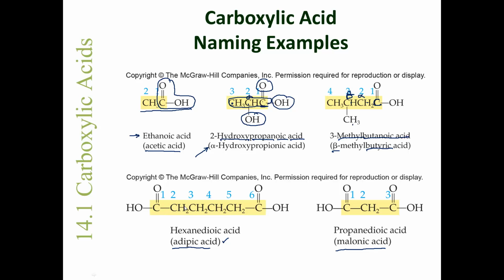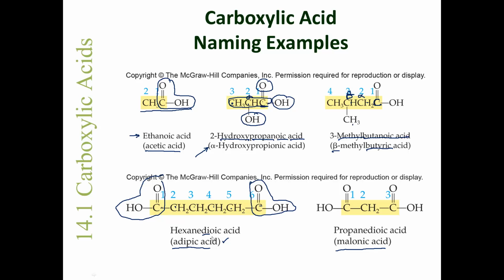But what's going on with this one? Well, look at your longest chain: 1, 2, 3, 4, 5, 6 carbons long. And notice you've got carboxyl groups on both ends of the molecule. I saw this on the exam too. When you have 2 of a functional group, you've got to indicate that with the di, whether it's a diene, or in this case dioic acid.